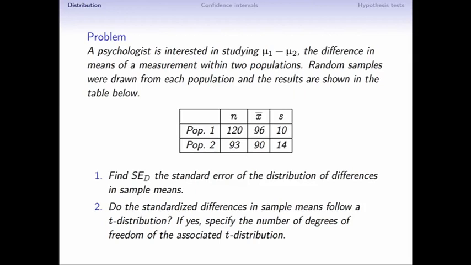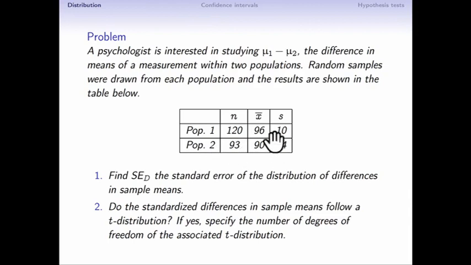So a psychologist is interested in studying mu1 minus mu2, the difference in means of a measurement within two populations. All right. Random samples were drawn from each population, and the results are shown in the table below. So we can see here that from population 1, a sample of size 120 was drawn.